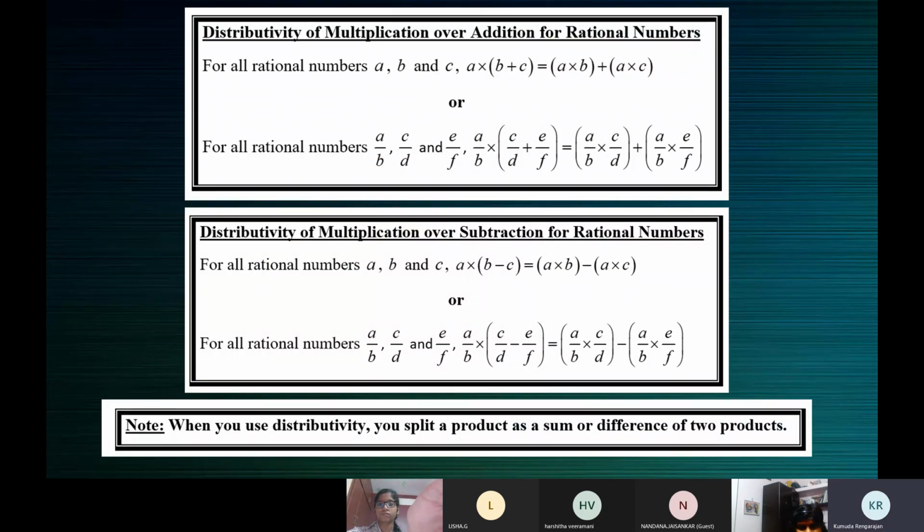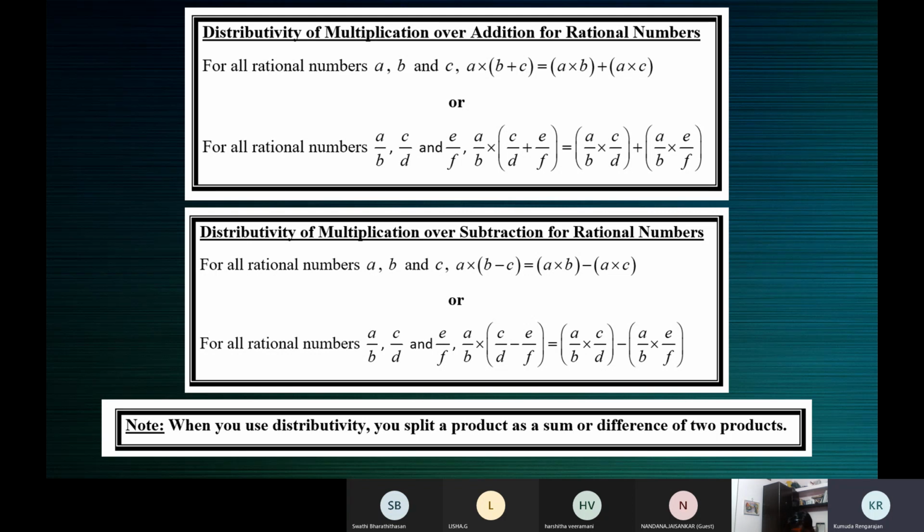So we have understood multiplicative identity, multiplicative inverse, the commutative and associative properties of multiplication of rational numbers. So the next one is the distributivity or the distributive property of multiplication over addition for rational numbers. We also have the distributive property of multiplication over subtraction for rational numbers.